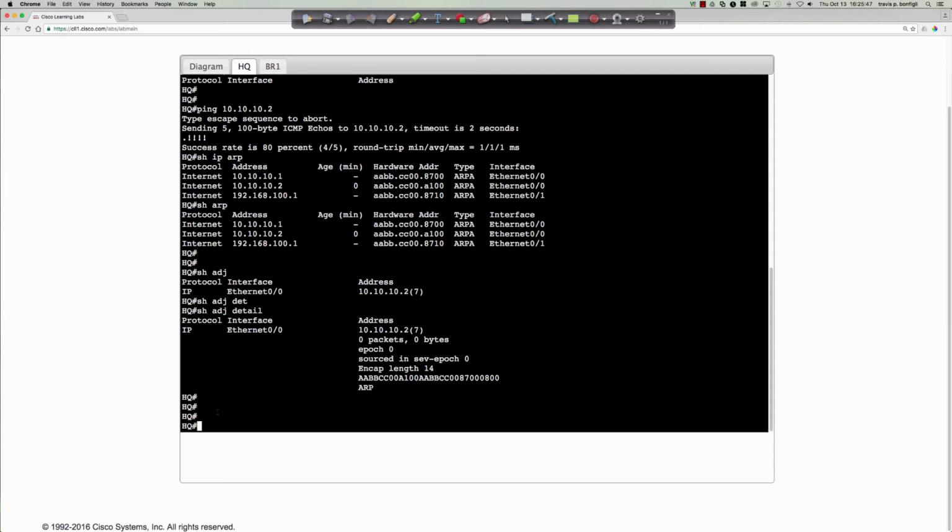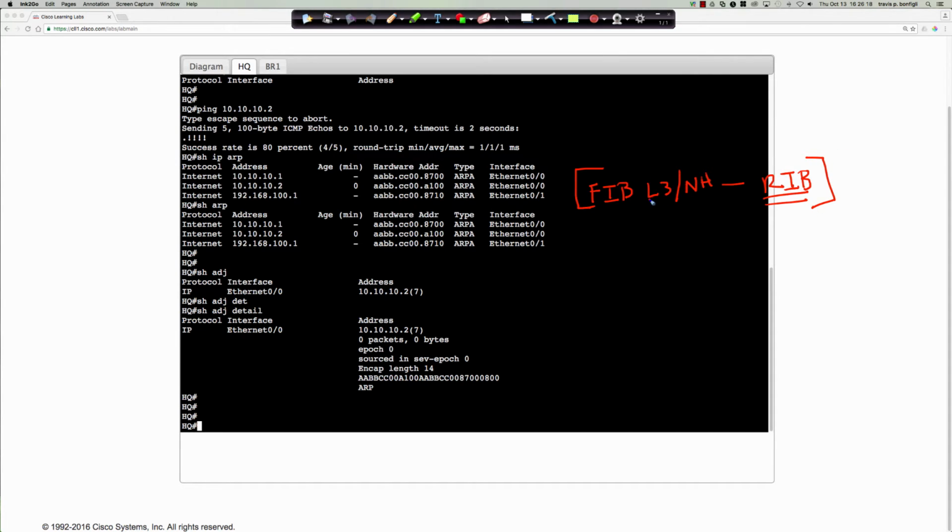So remember, CEF has created 2 mutually exclusive data structures. The first is the FIB, the forwarding information base. This has my layer 3 reachability information and my next hop, and we see this in the RIB. The FIB uses the information that is populated into the RIB in order to create its data structure.